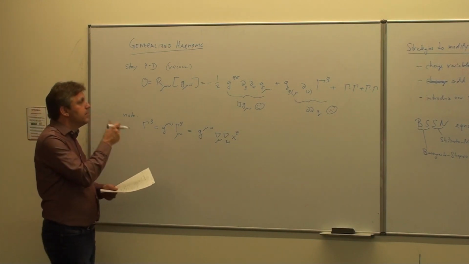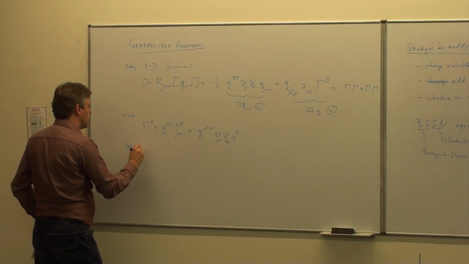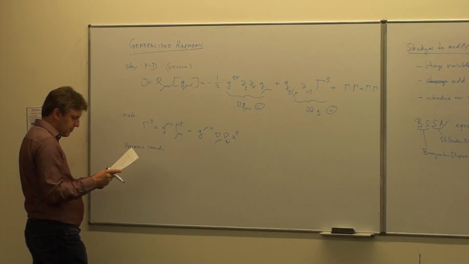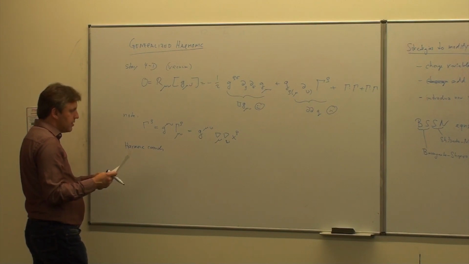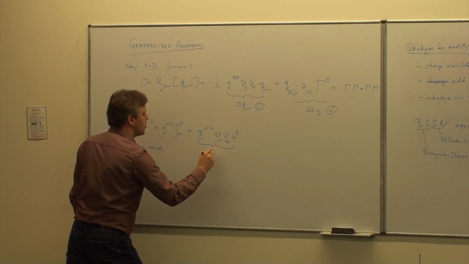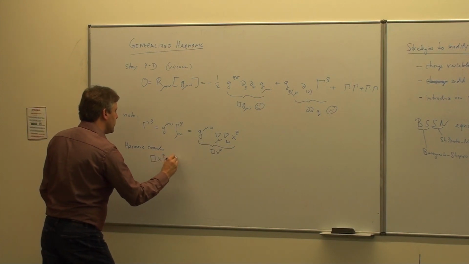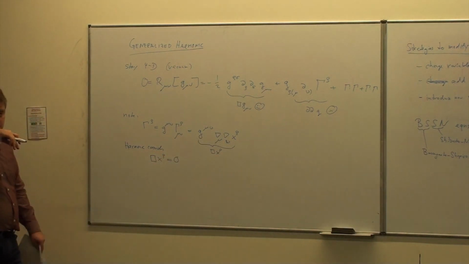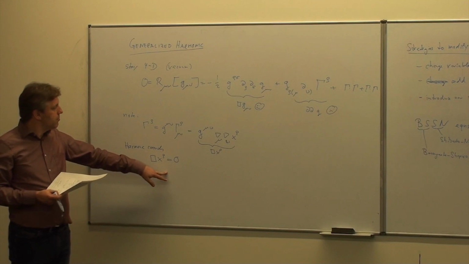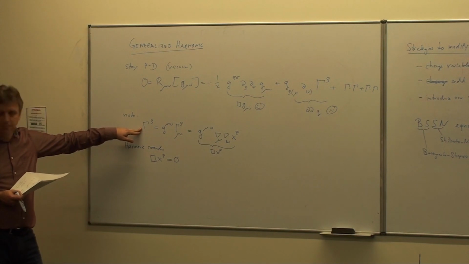And one idea to get rid of this nasty term are harmonic coordinates, where this particular combination, let's just give it a name, let's call it box x rho, is being set to 0. So if you choose coordinates that are harmonic, then by the choice of gauge, the traces of the Christoffel symbols are 0.